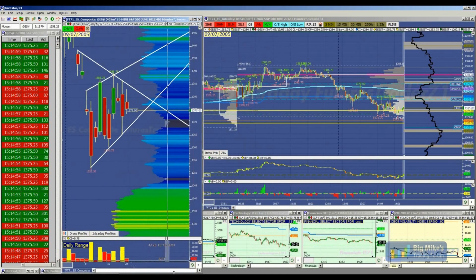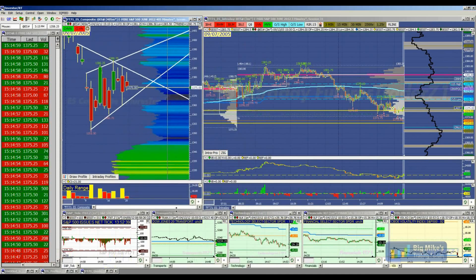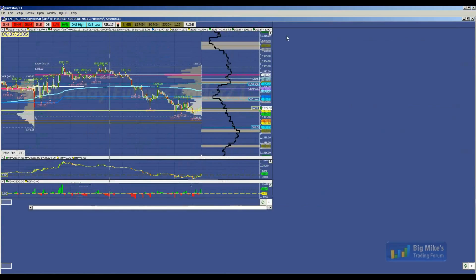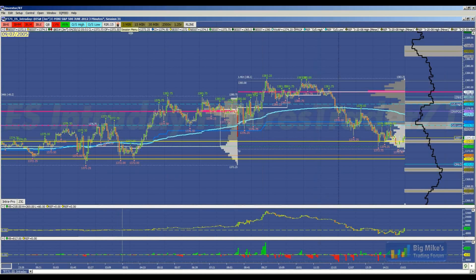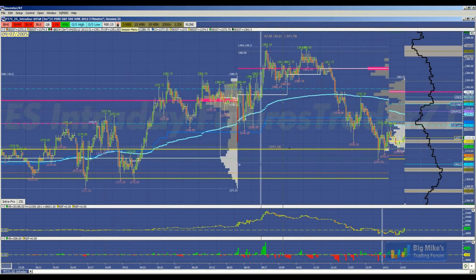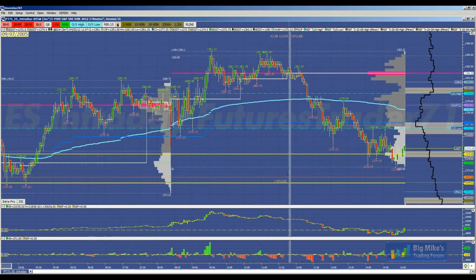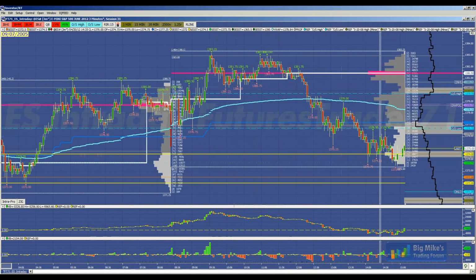So this intraday chart looks awful busy, doesn't it? Actually, it isn't, because it's showing you everything from high to low. I'm interested in 15 points of range, and the lines are very simple. So let's look at this and clean this up a bit.